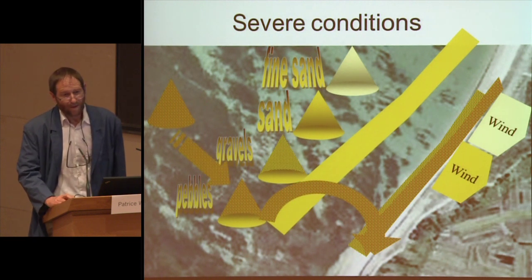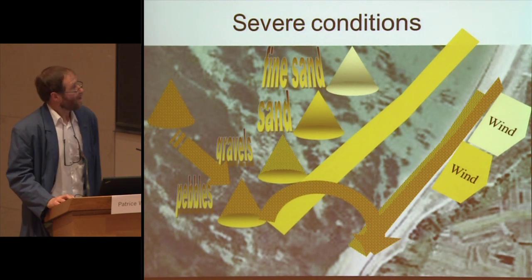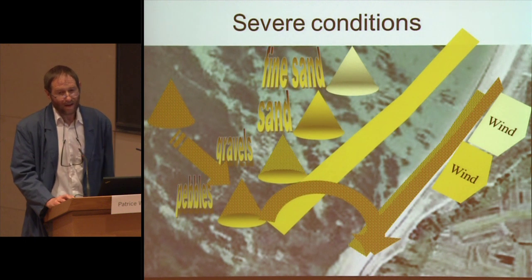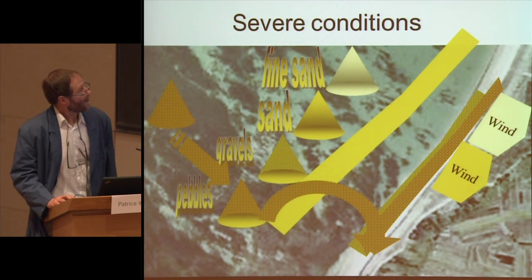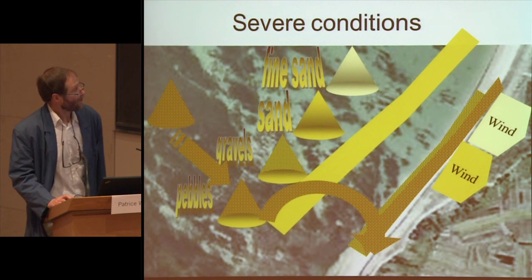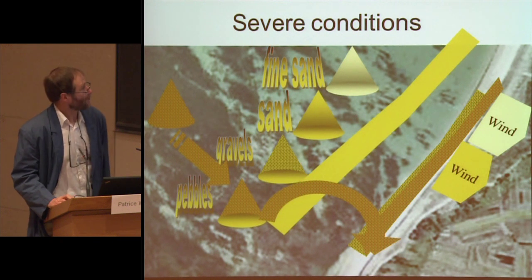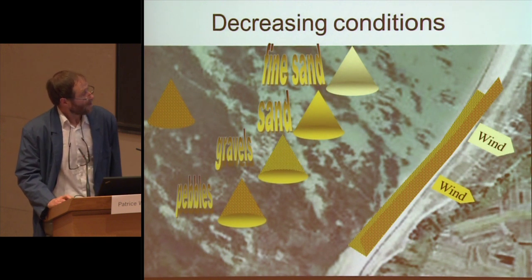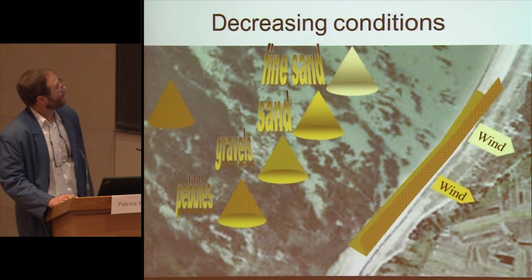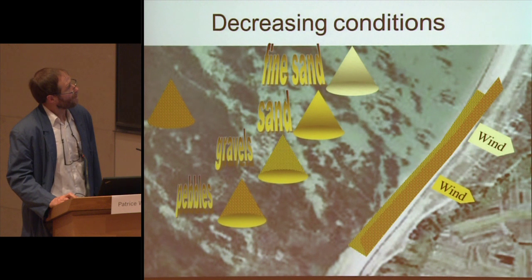Pebbles from greater depth are mobilized, and they are displaced closer to the beach. They can replace the precedent stock. After the storm, after the gales, decreasing conditions are coming back.